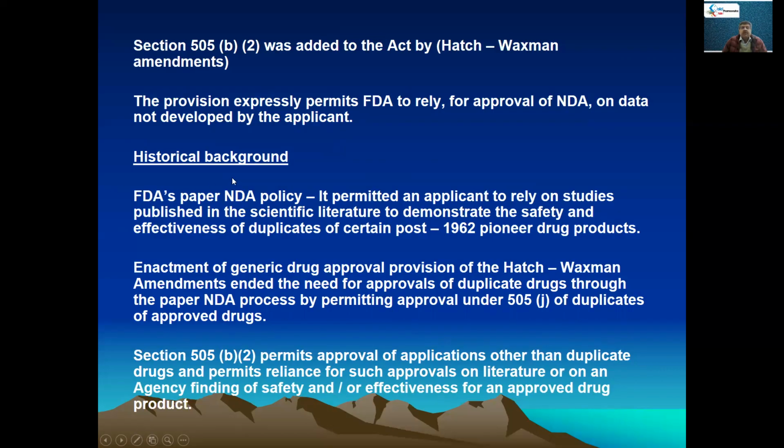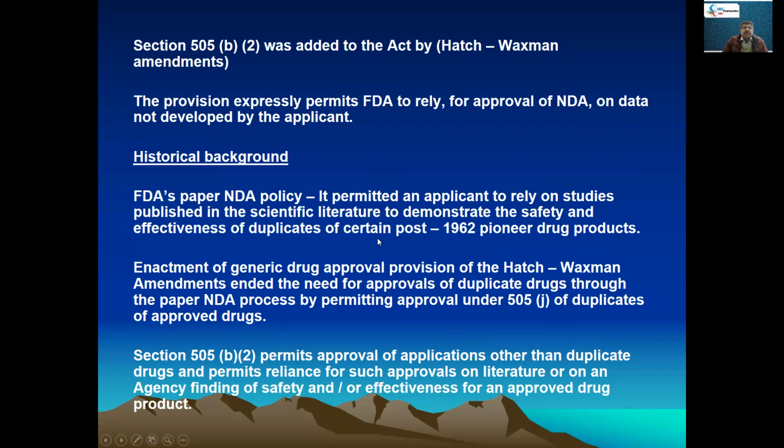The historical background for the 505(b)(2) Act is that there used to be FDA's paper new drug application policy, which permitted an applicant to rely on studies published in scientific literature to demonstrate safety and effectiveness of duplicates of certain post-1962 pioneer or innovator drug products.